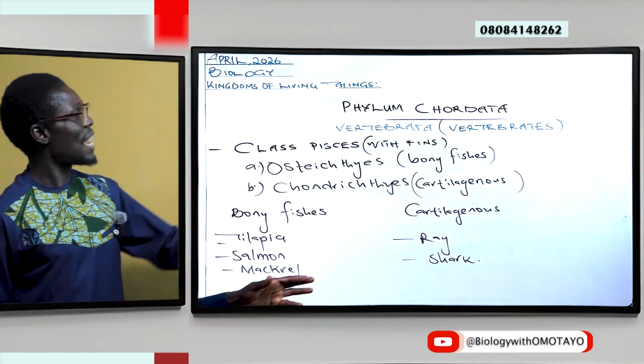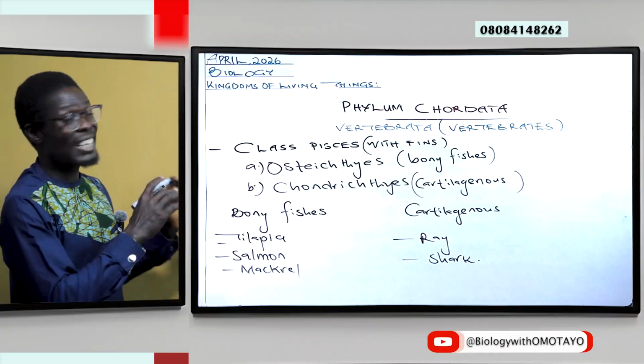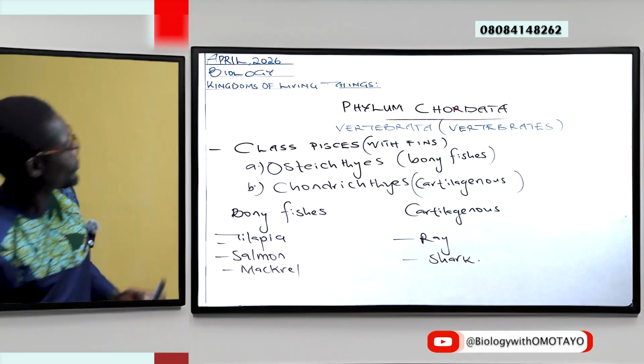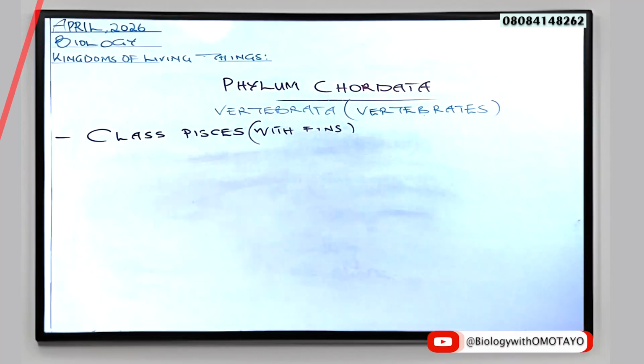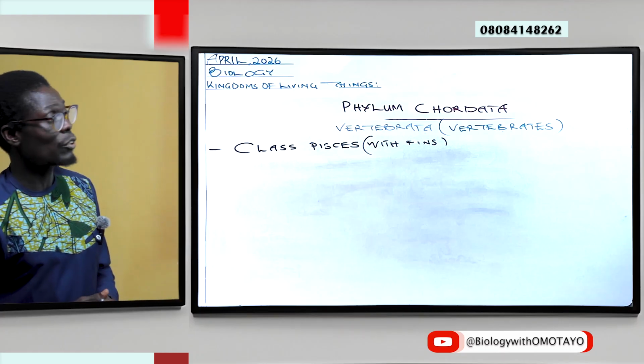Now, having known the examples, let's look at the general characteristics of organisms under this class together.